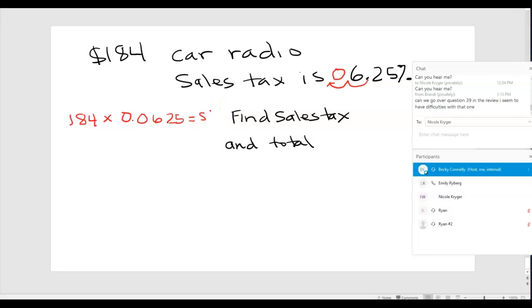So did you say $11.50? Yeah, okay. Yep. Because you're just doing that 184 plus the tax.